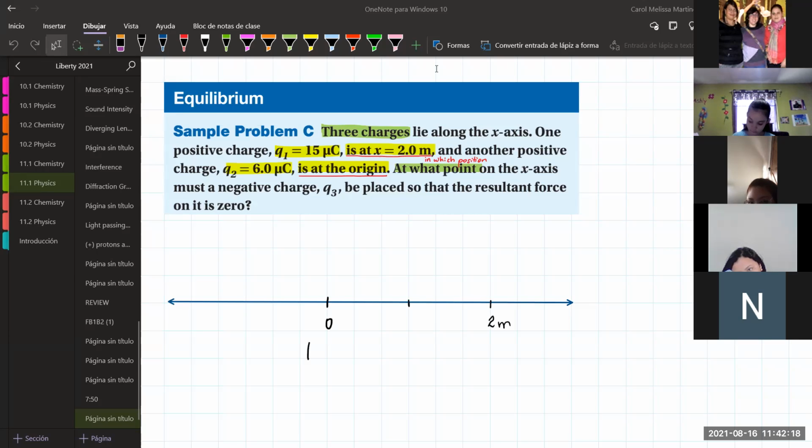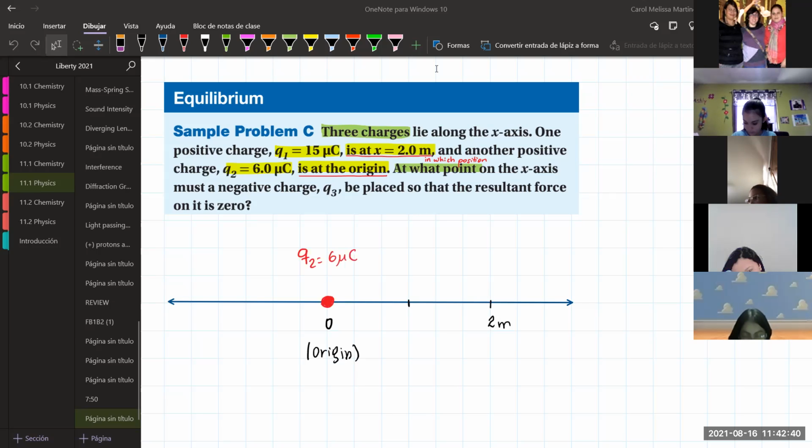So at 0, we call it the origin. In the origin, I know I have the charge Q2, okay? So I'm going to place my charge Q2 over there. And this charge Q2 is equal to 6 microcoulombs.